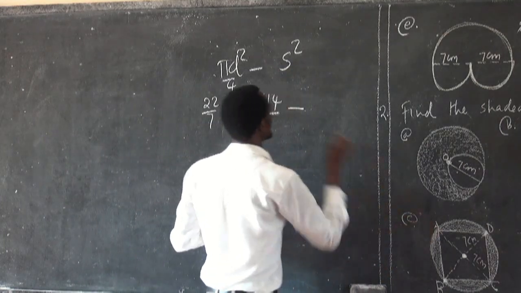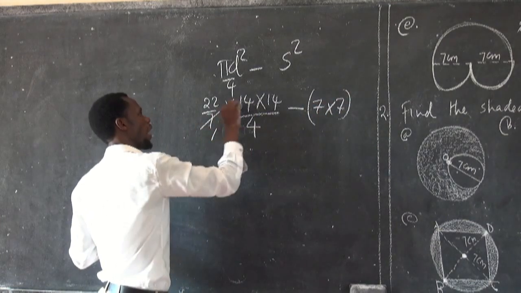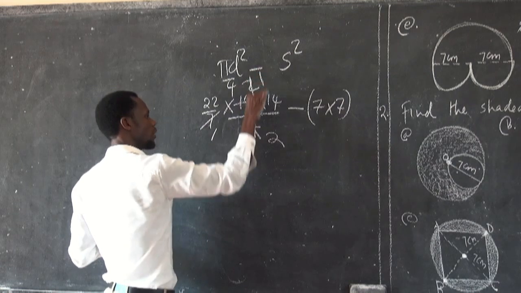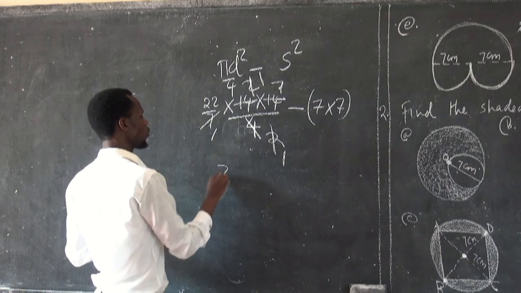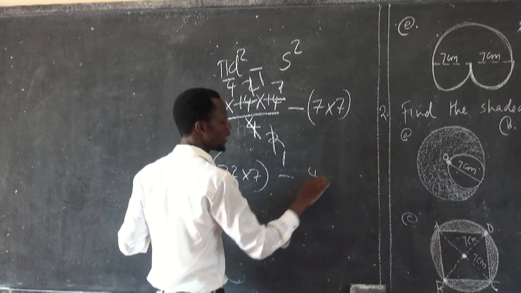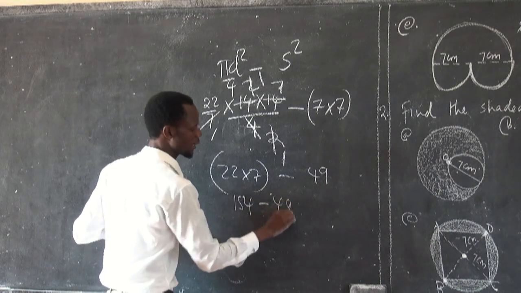Now here it is 22 over 7 times diameter 14 times diameter 14 over 4, minus the square, which is 7 times 7. By 7, 1. By 7, 2. By 2, 2. By 2, 1. By 2, 1. By 7. Then 22 times 7 minus 49, which is equal to 154 minus 49.